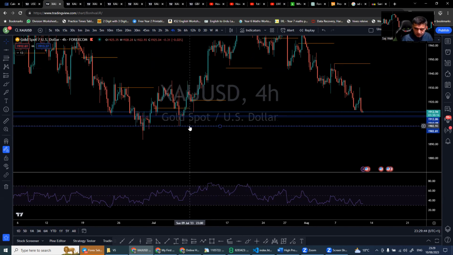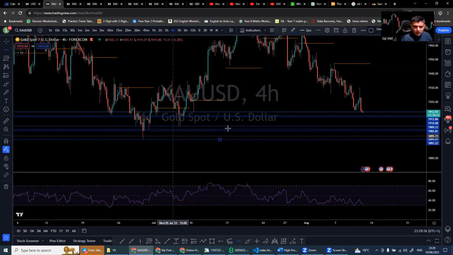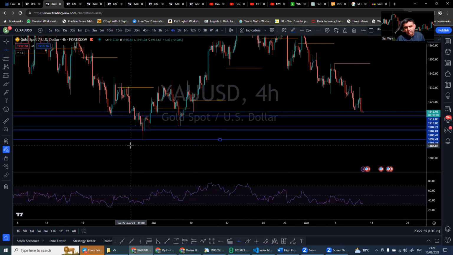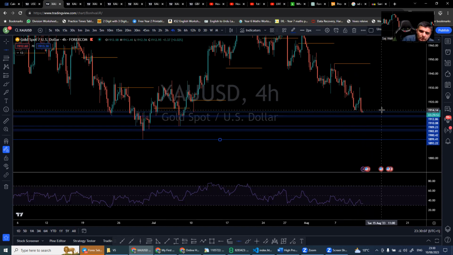And after that, 1902. And then we have levels 1900, and then 1893. So eventually, I'm expecting the level of 1900. So this 100 pip movement is still remaining.